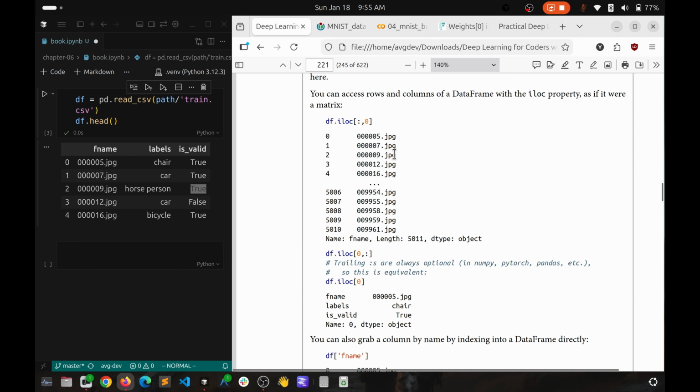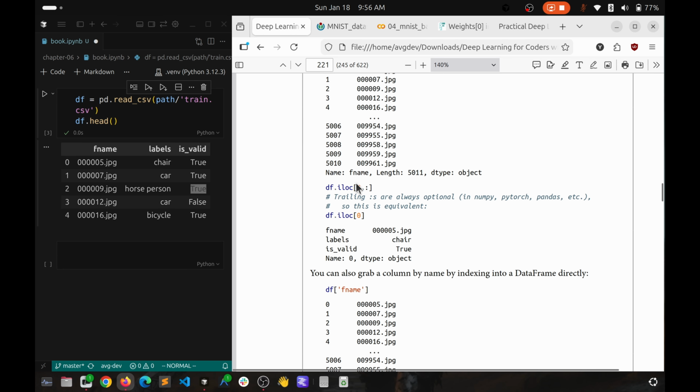So to get the first column, I guess colon and then 0. And then to get the first row, I would assume it's going to be 0 colon. Okay, so trailing colons are always optional. So that'll get us a table of the first row. Each row is the property, and each column tells us the value.